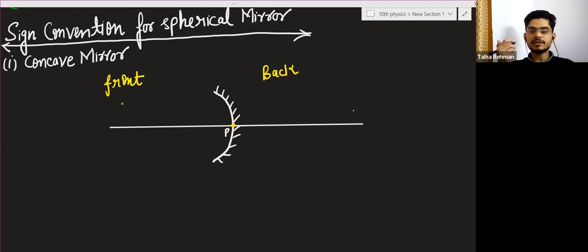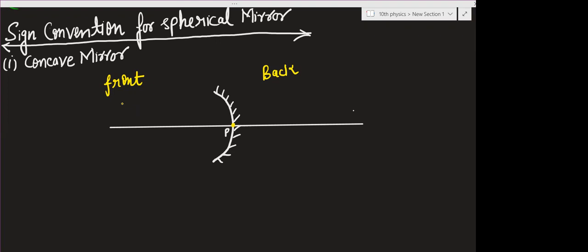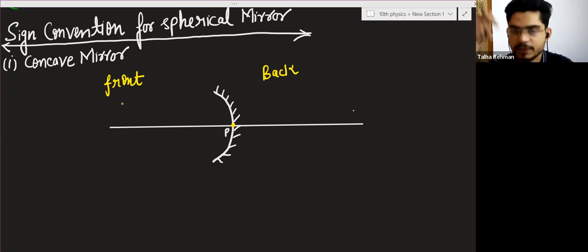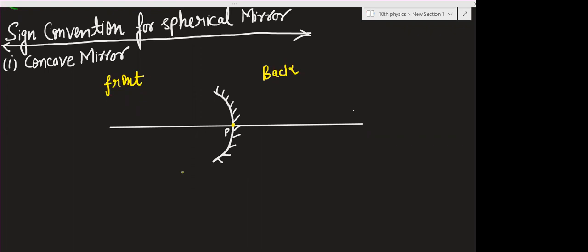It means we always place the object in front of the mirror. You can see that in your home, with a plain mirror, you are always in front of the mirror if you want to see yourself.